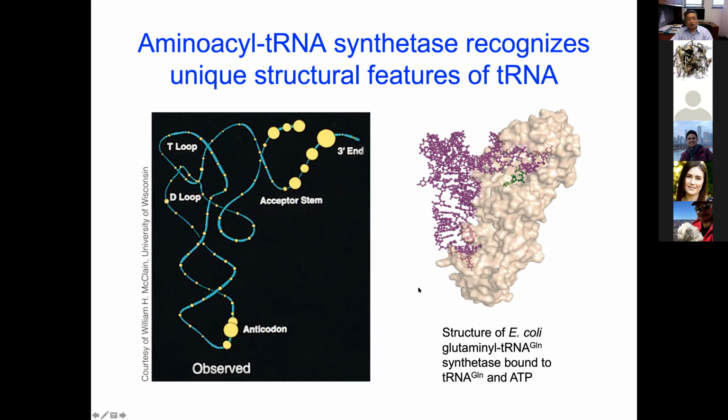So that is how this enzyme adds the correct amino acid to the tRNA, because it can recognize some of the unique sequence on the acceptor stem and on the anticodon stem, and then allow the amino acid to be coupled to the 3' end of the tRNA. And if you look at this part of the tRNA molecule, it does not do anything with the enzyme, so it is not involved in the specific recognition.